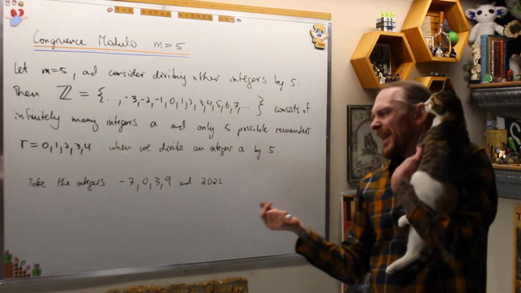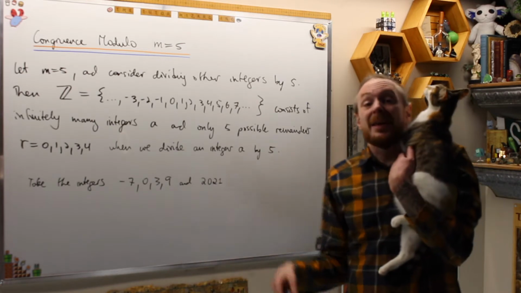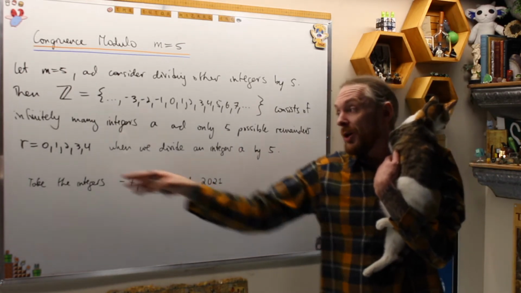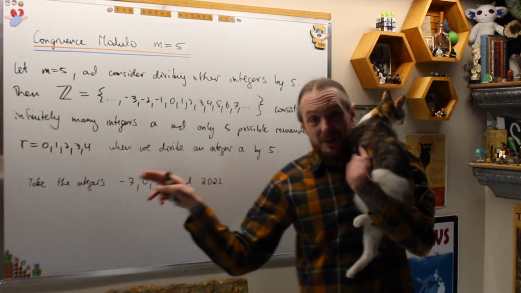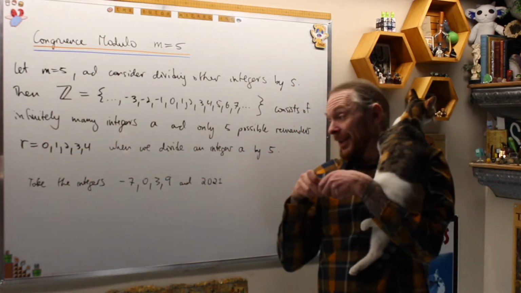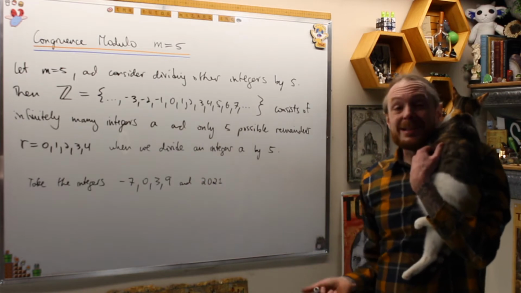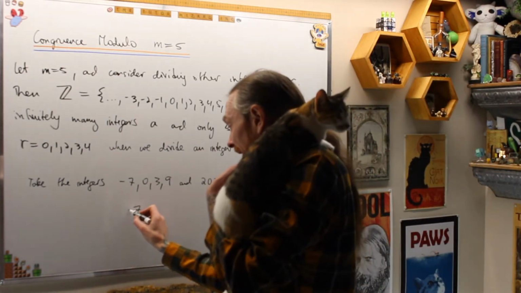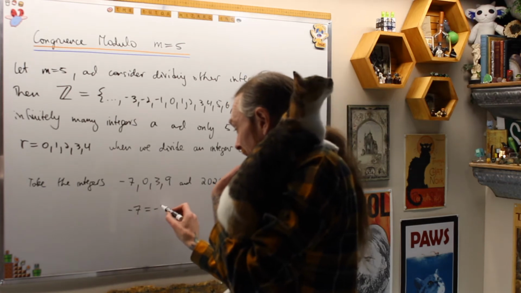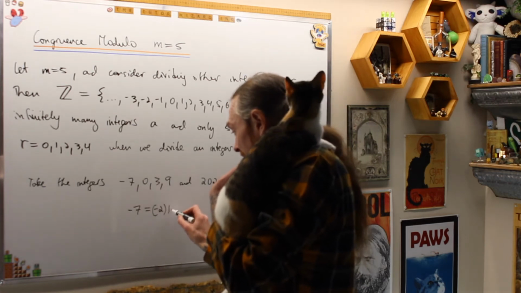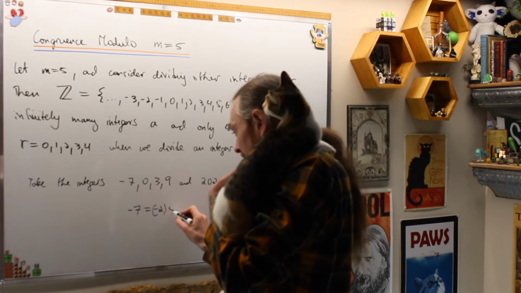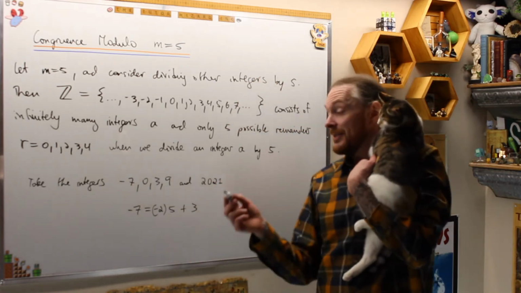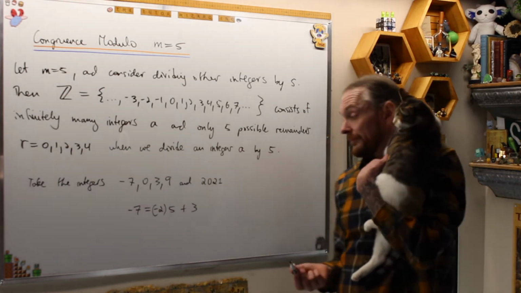So every number that we're given must leave the same remainder as, or be congruent modulo 5 to, one of the numbers between 0 and 4. Let's find out for each of these numbers. For negative 7, specifically, negative 7 is negative 2 times 5, which is negative 10, plus 3, because the remainder has to be between 0 and 4.